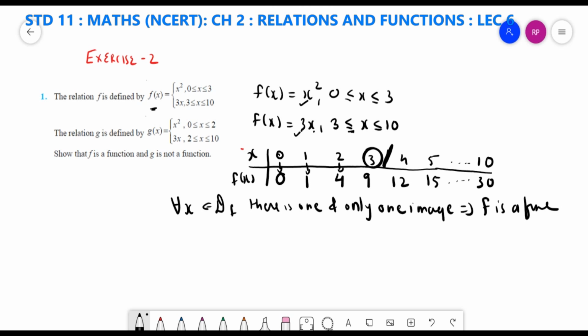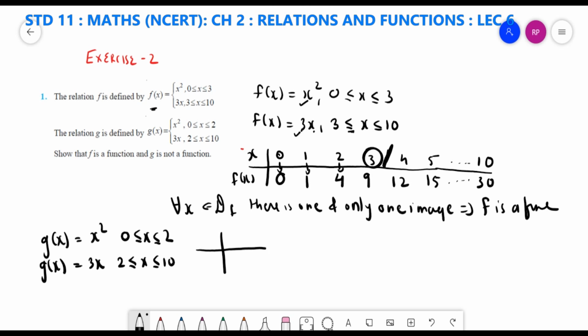Now when I take g(x), what is g(x)? First x square and second 3x. It is x square when 0 is less than or equal to x is less than or equal to 2, and here 2 is less than or equal to x is less than or equal to 10.